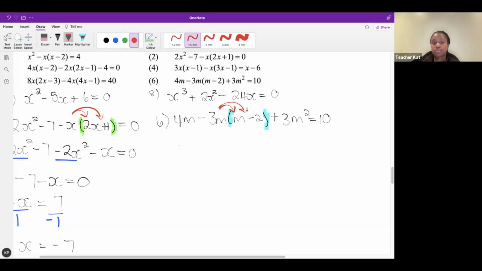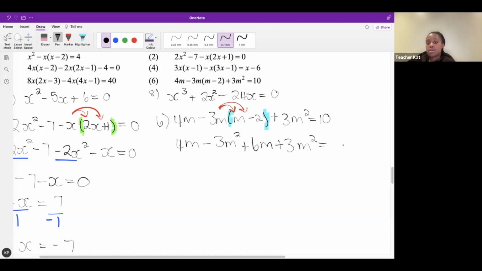Distribute. So I have a 4m, negative 3m times m. It's a negative 3m squared. Don't forget your symbols. And then negative 3m times negative 2. That is positive 6m. Plus 3m squared equals 10.